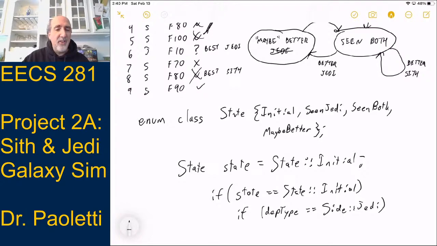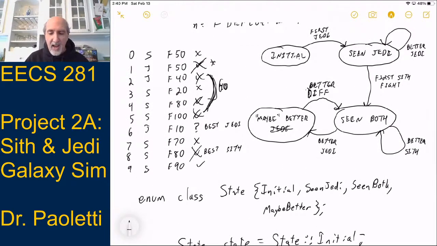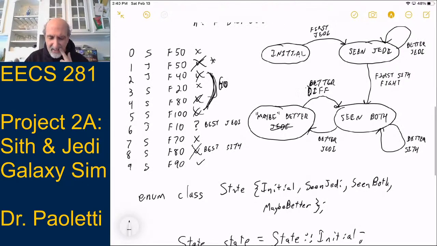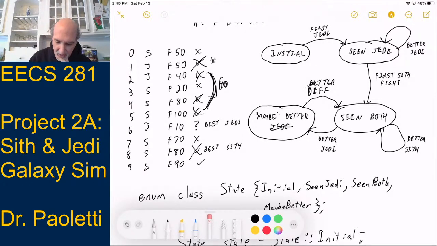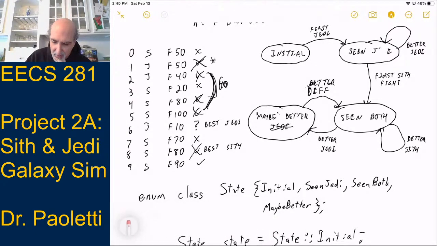Okay, last thing we want to talk about is ambush mode. Ambush mode is going to be a lot like this, except who you've seen first and seen Jedi. That seen Jedi isn't generic. So instead of seen Jedi, let's go back and change that, because we've got to make that generic, right?